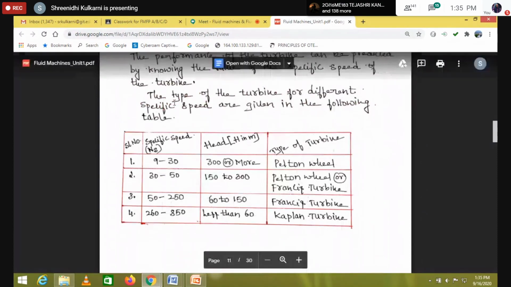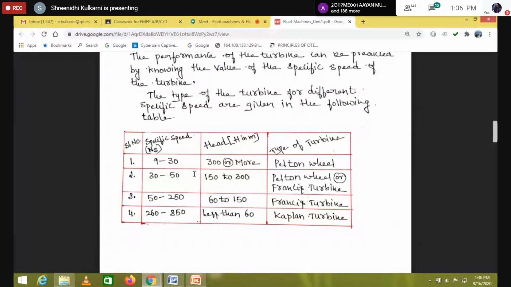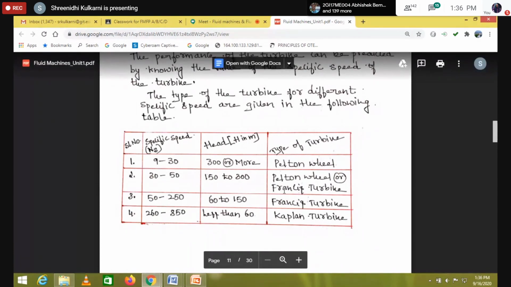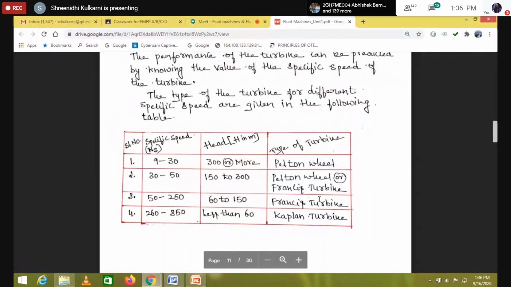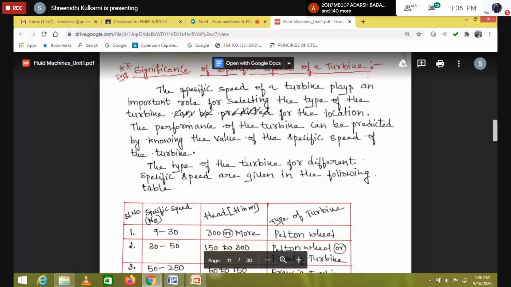Why am I writing this table here? It will help while solving problems. They will give a particular head, and for that head you have to find the specific speed. Once we know the specific speed, based on it you can identify which type of turbine it is. I hope you understood the significance.